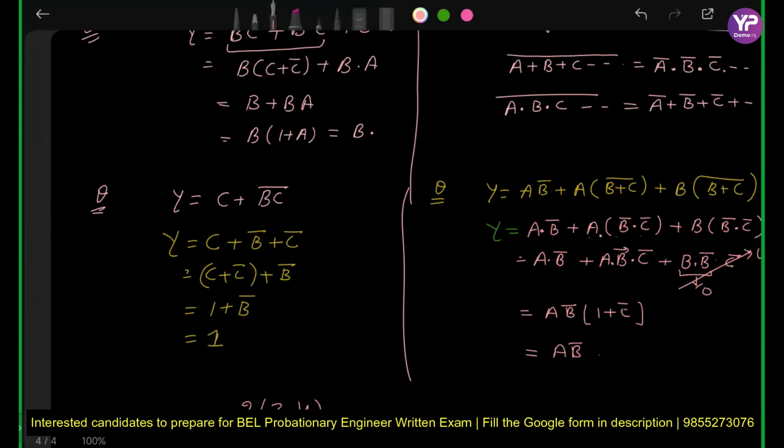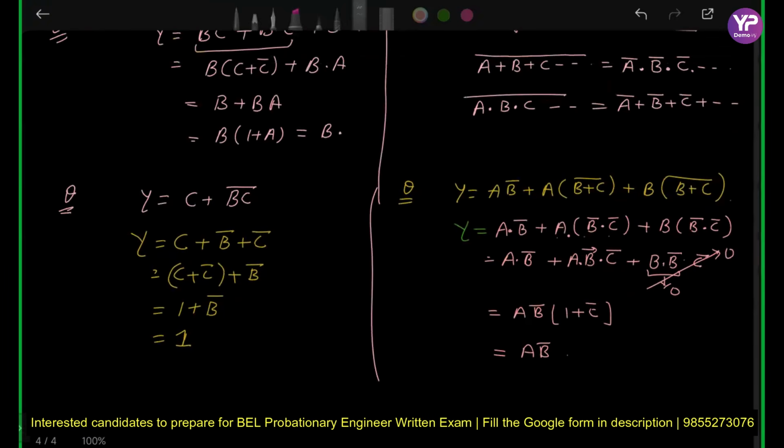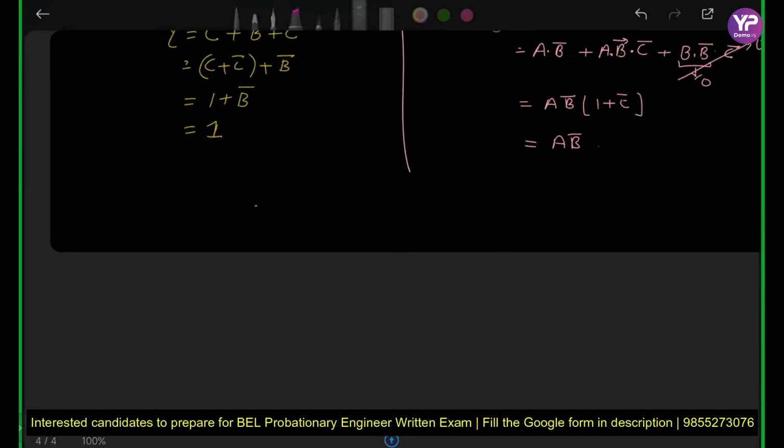Understood now? Yes, sir. I thought 2, 3 and 2, 4 like that. You think that there will be an or operator in between them. That is not, that is an and operator. Okay, sir, that's why I gave this example. Understood, everyone? Anyone else has any doubt? No, sir. Good.